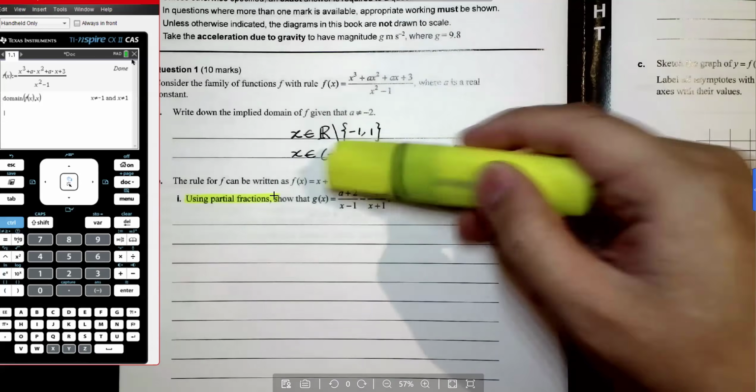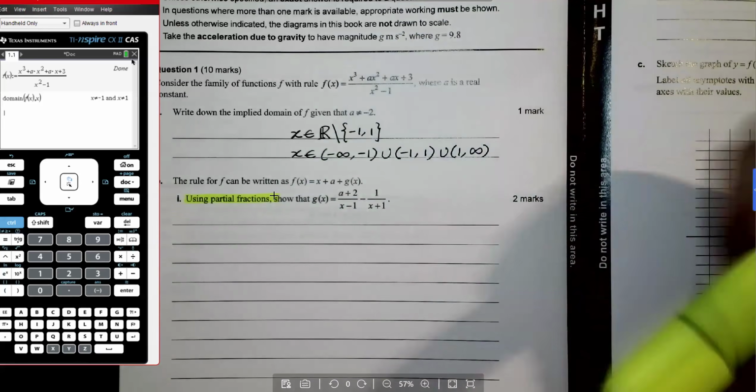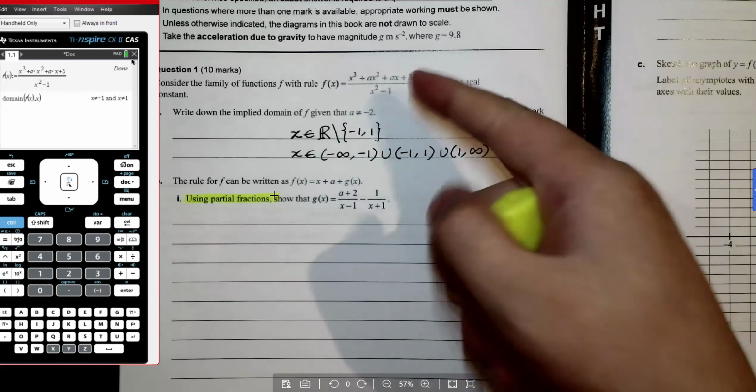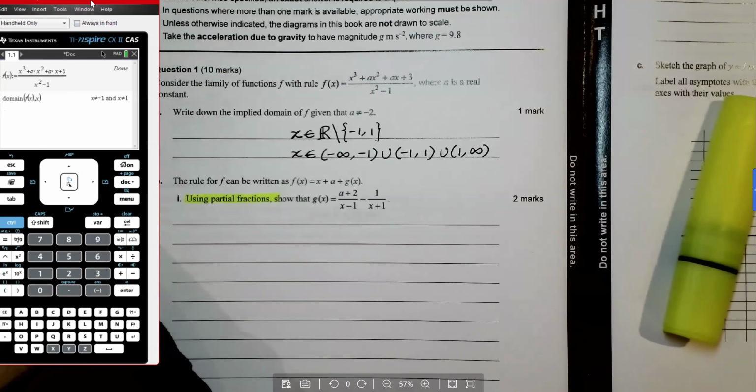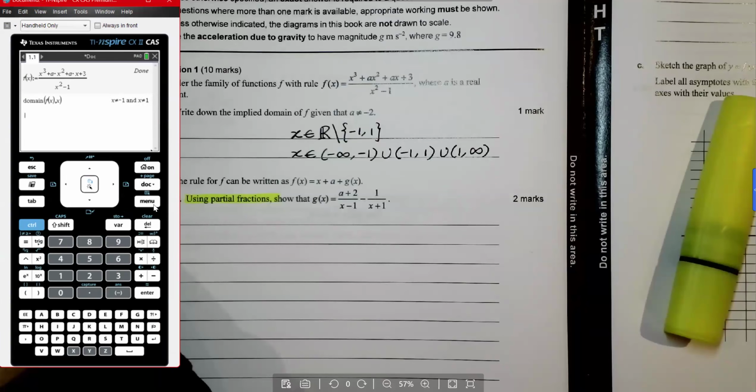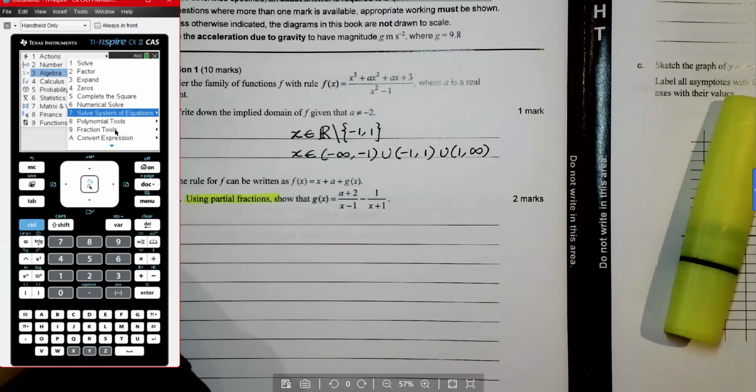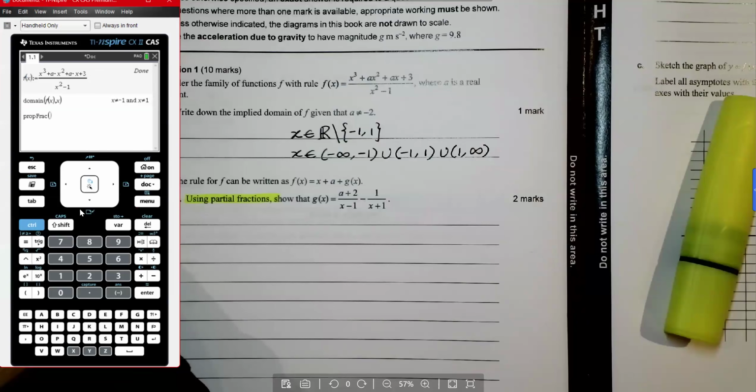But this form is not yet in a proper fraction form, so I will need to change this to a proper fraction form. I'm going to use my CAS here: menu, algebra, fraction tools, proper fraction. And I'm able to get this thing here.